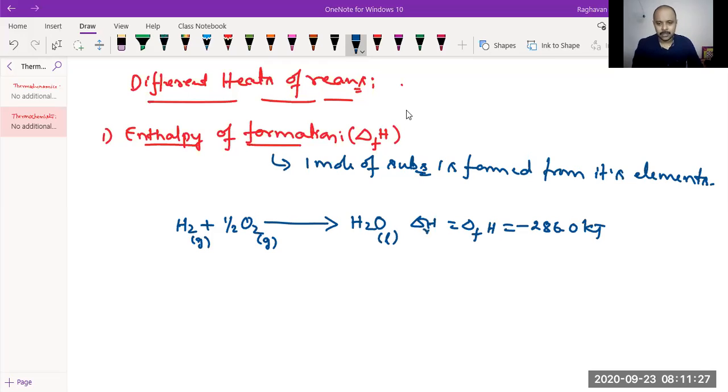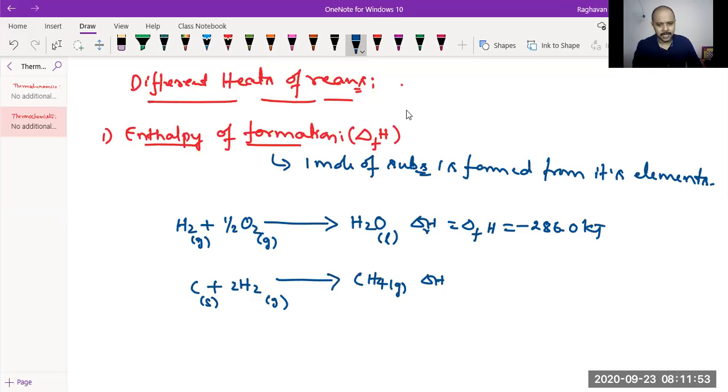Fine. So how do you write an equation for enthalpy of formation of methane? Write methane, 1 mole, it is gas, from its elements. Which are the elements of methane? Carbon plus hydrogen. Need to balance, write 2. This is solid, this is gas. Then whatever enthalpy change is there, generally it is called enthalpy of reaction.